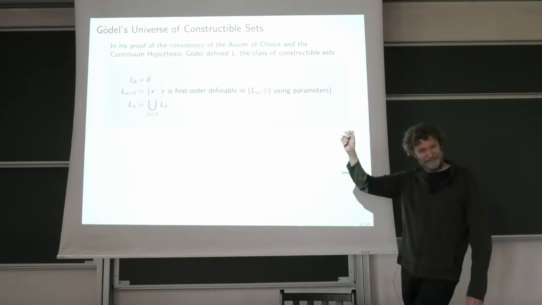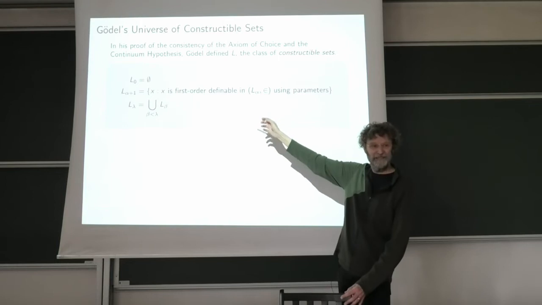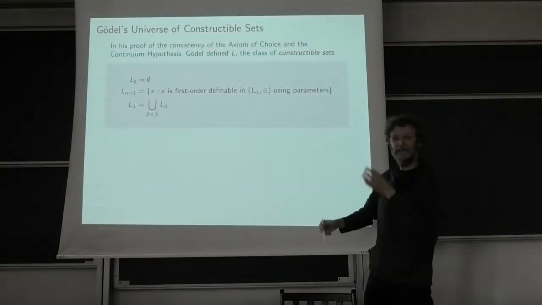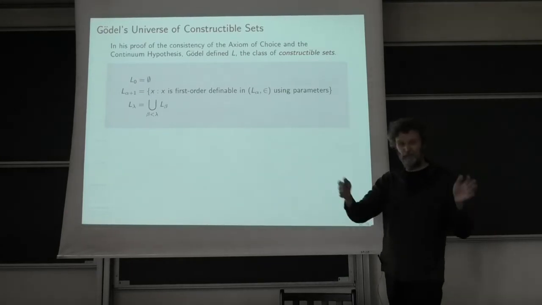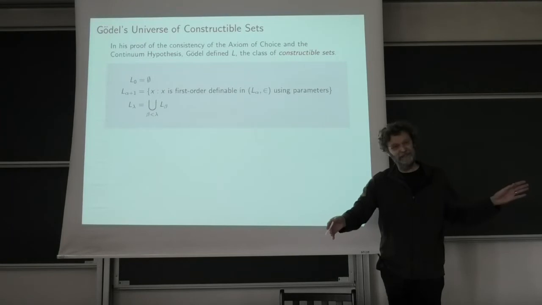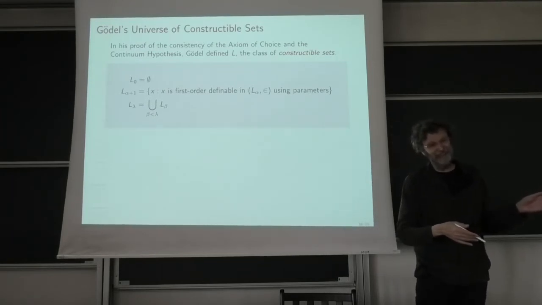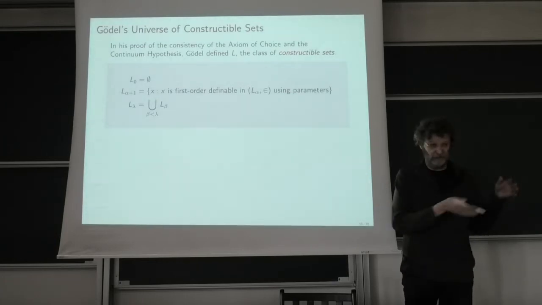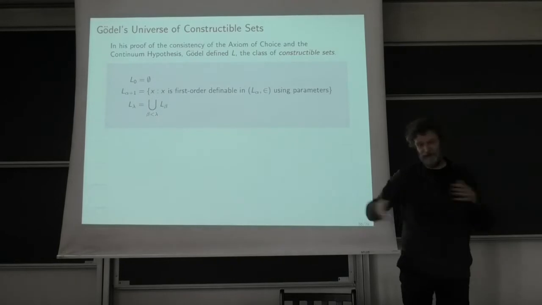Let's come back to this, because I'll show you we're going to be working with constructible sets. How the set of constructible reals sits inside the reals is not determined by the axioms of set theory. The set of constructible reals could be a countable set. That's consistent. It could be everything.